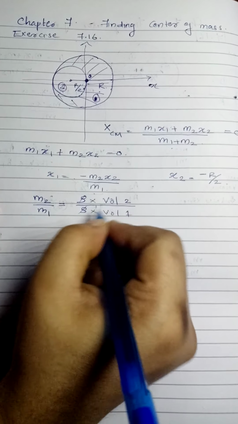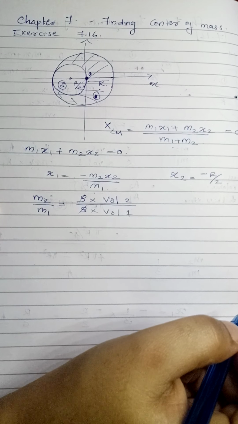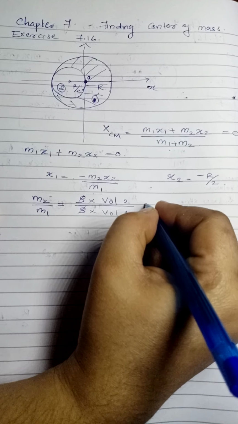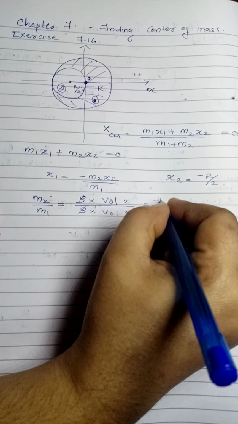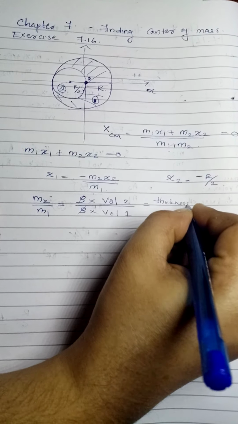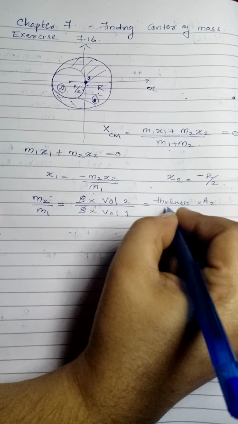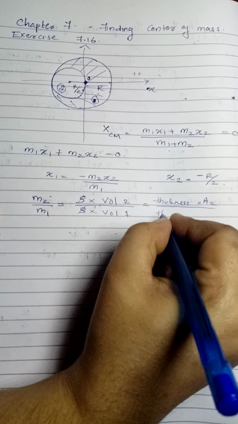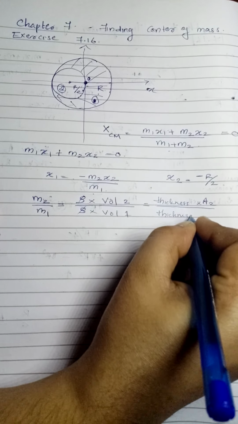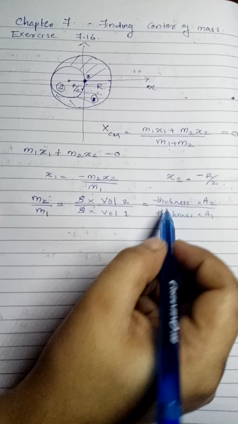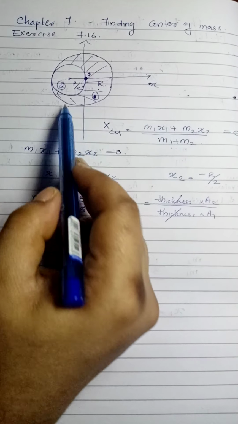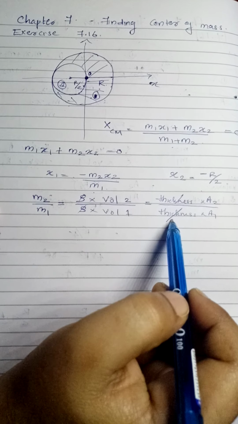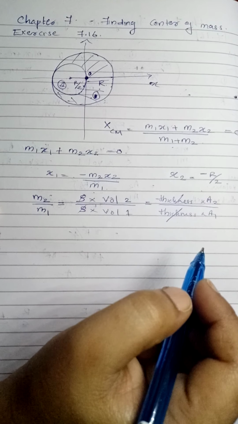Both densities get cancelled, so we have a ratio of volumes. Volume is thickness into area. Here the thickness of both is the same because both are part of the same disk, so thickness also gets cancelled.